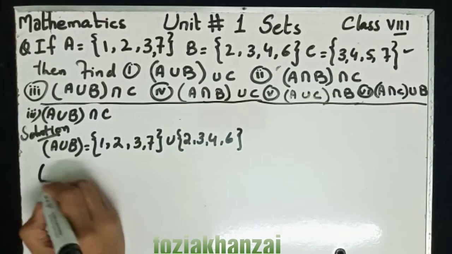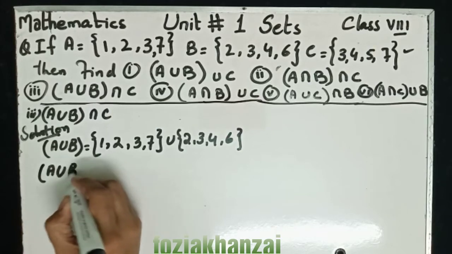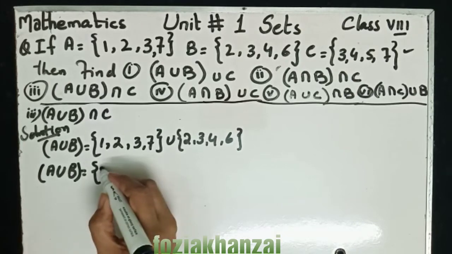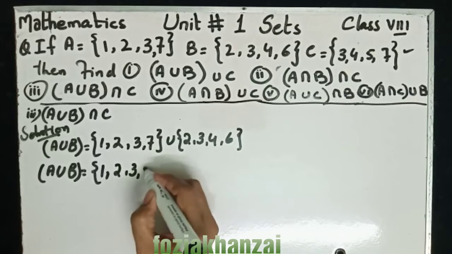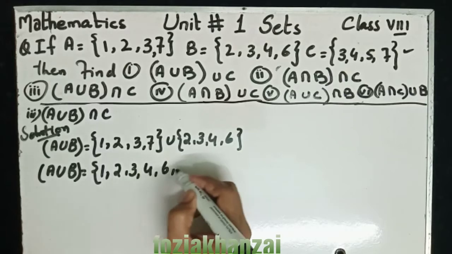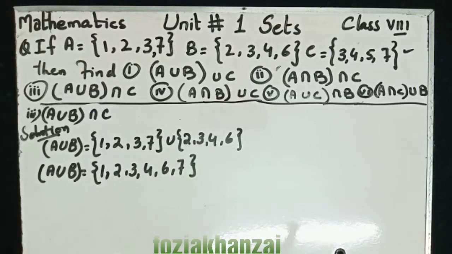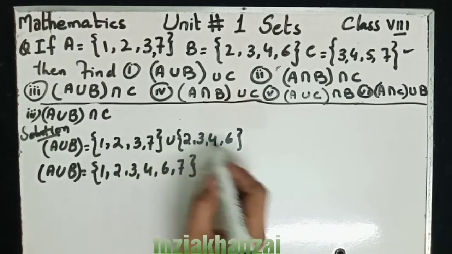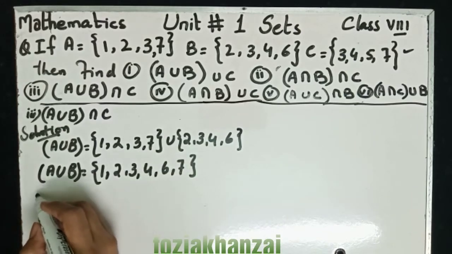As you know, to find the union, we write all elements together: 1, 2, 3, 4, 6, 7. In both sets elements are given, so we write all elements in ascending order.